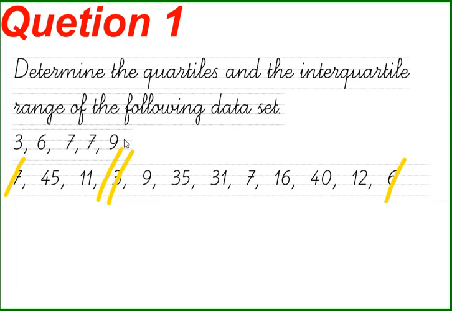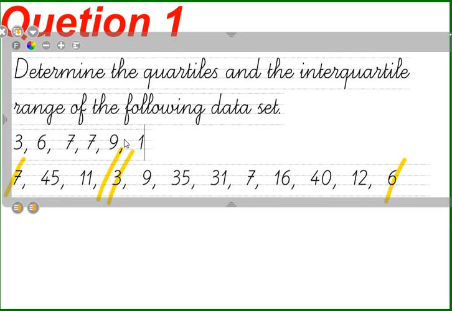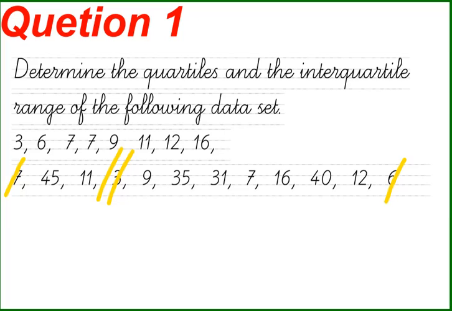The next largest number will be 11. Then we have 12. Oh no, we didn't miss it. So 12. Then we have 16. This is how far we are now. We cancel 12, cancel 16, 7, 9, 11. So we're left with 31, 35, 40, and 45.